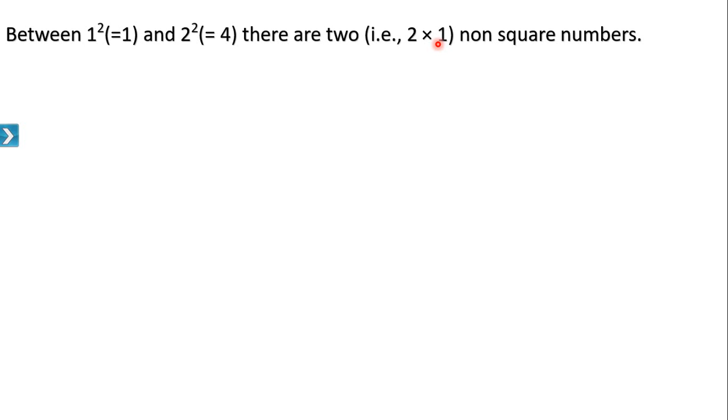Now let us consolidate the property. Between 1 square and 2 square, that is 1 square is equal to 1, 2 square is equal to 4, there are 2 non-square numbers, that is 2 into 1.